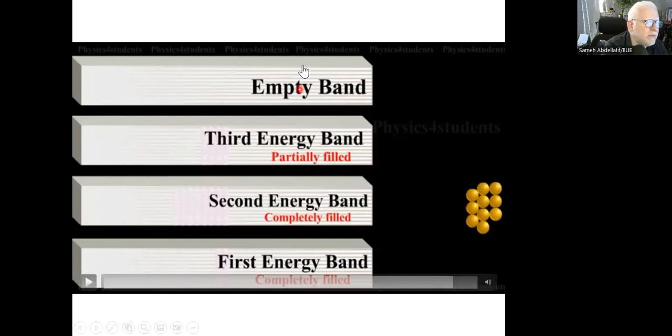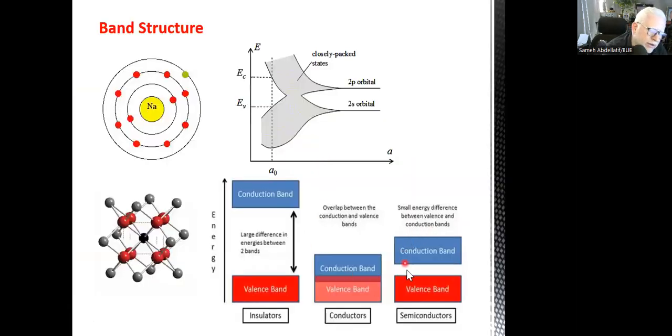So if you zoom in on this area, and you call this bottom band the valency band and this top band the conduction band, you will have this structure. You have a valency band, a conduction band, and in between you have what's called an energy gap.